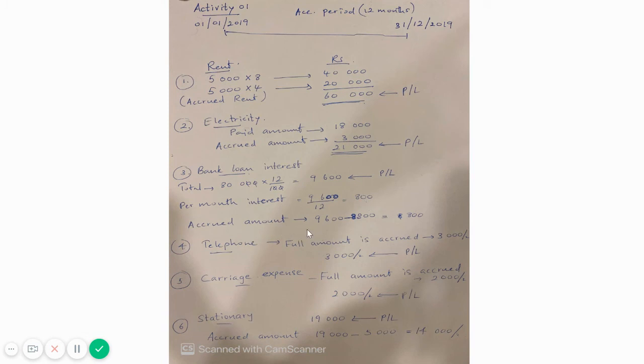Or the accrued amount will be 9,600 minus 8,800, which has been paid, so thereby the accrued amount is 800. Or directly from here also you can take it as 800. So this 800 will be the accrued bank loan interest, and 9,600 will be the total interest which you are going to show in the profit or loss. This comes under current liabilities in the statement of financial position as accrued bank loan interest.